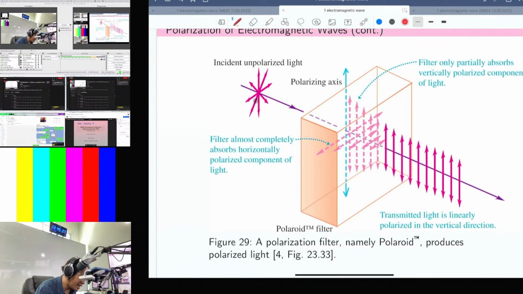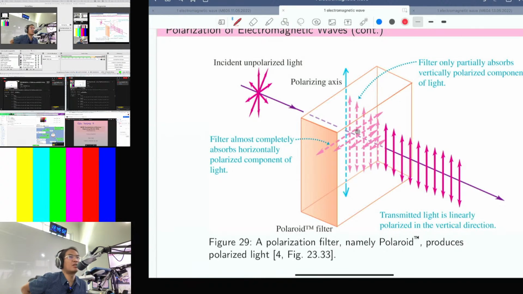So the light that has a polarizing axis in a different orientation, like this one or this one in the horizontal plane, will not be allowed to pass through this filter. Only the light that has a vertical polarizing axis will be able to transmit through this filter.